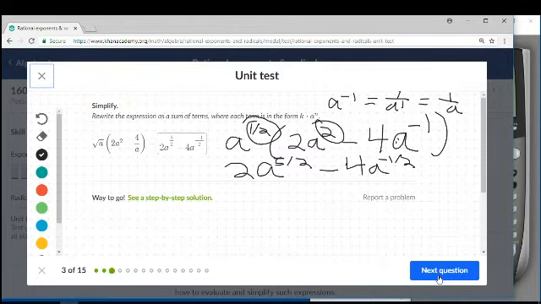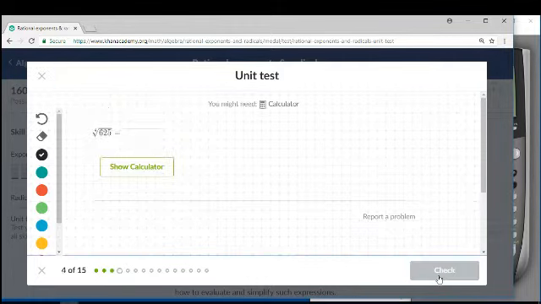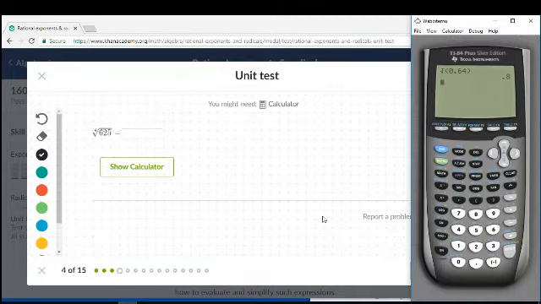Always use the hints if you make a mistake. The 4th root of 625. Here, this is a calculator skill I want you to know. Math, find the x root. So let's hit 4, select that 4, math, find the x root.